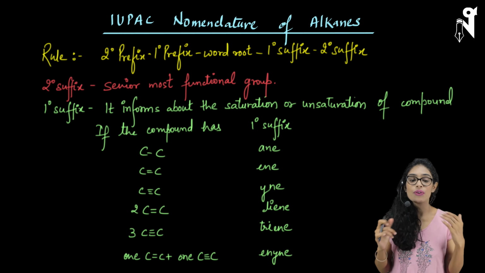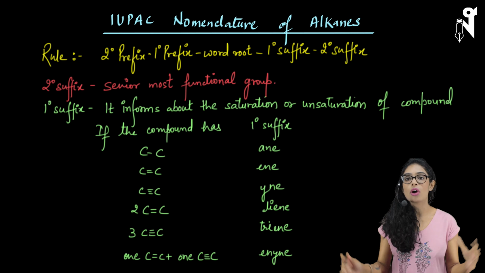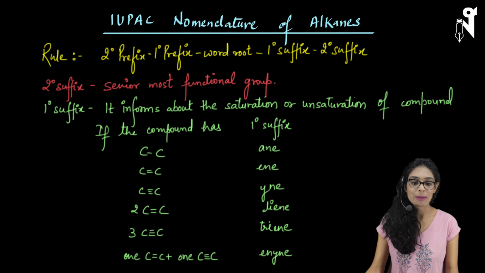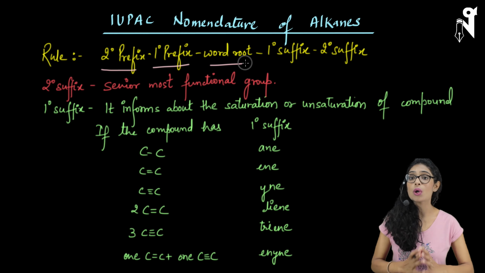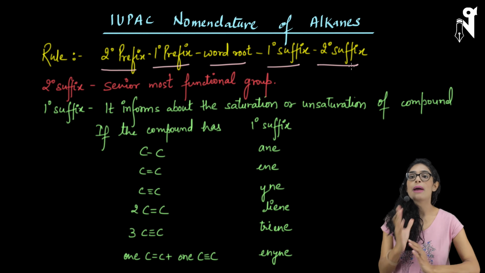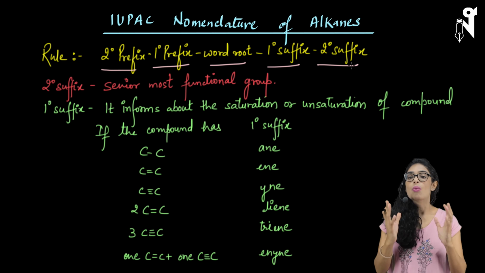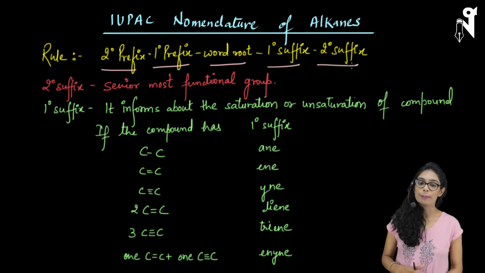So when we talk about the naming of any type of compound in organic, it follows this basic rule. The name will consist of a secondary prefix, a primary prefix, word root, primary suffix, and secondary suffix. Though not all of these parts are mandatory, this will depend from compound to compound what can be part of the name.